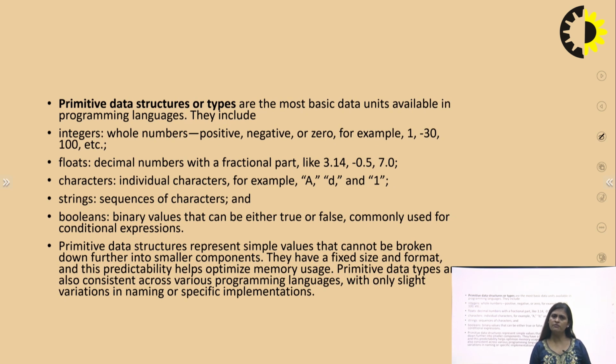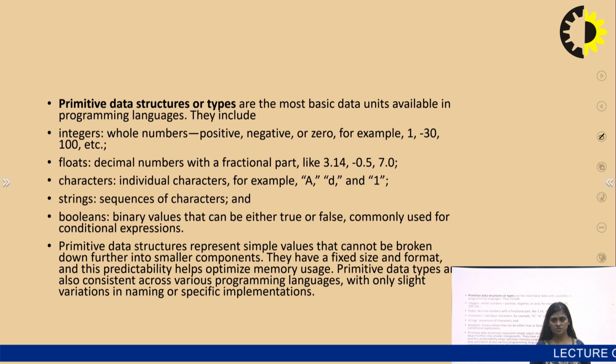Means primitive data structures are predefined in the computer. Means integer, character, float are already defined and you can access or use these primitive data structures in a programming language such as C using a header file.